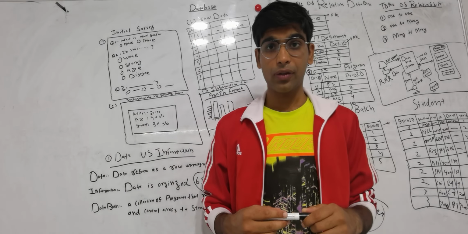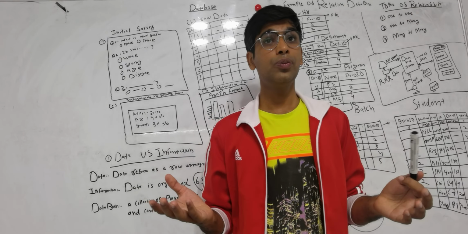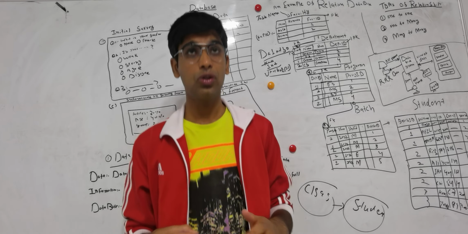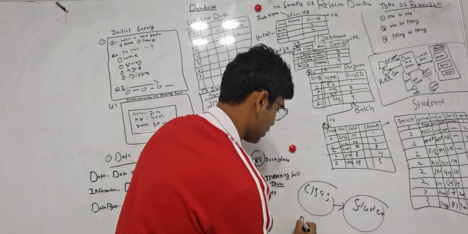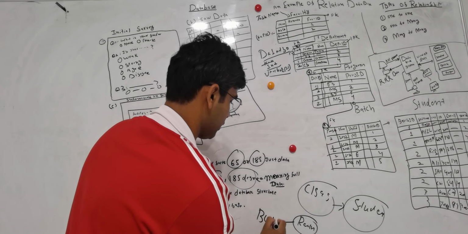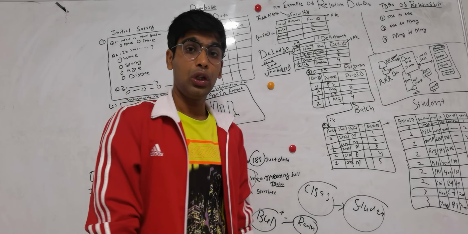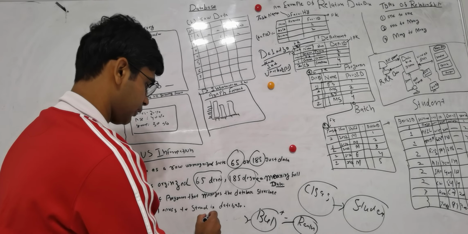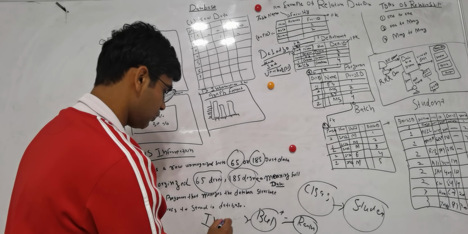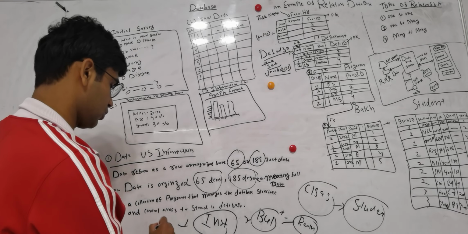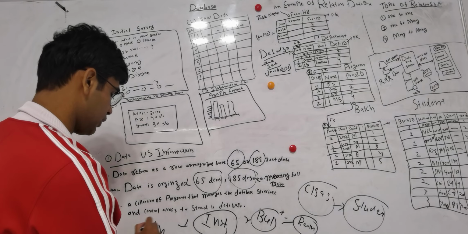In the same way, suppose this is a room. Maybe this classroom has a relationship with building 1. This building belongs to this institute, and this institute belongs to this university.